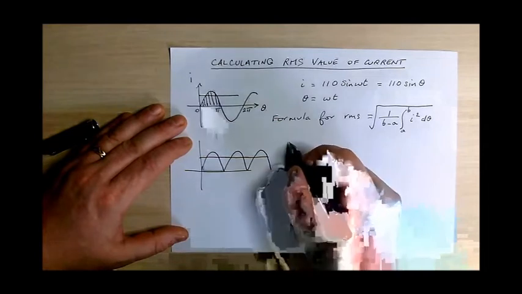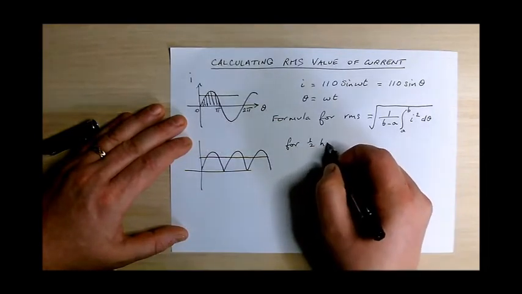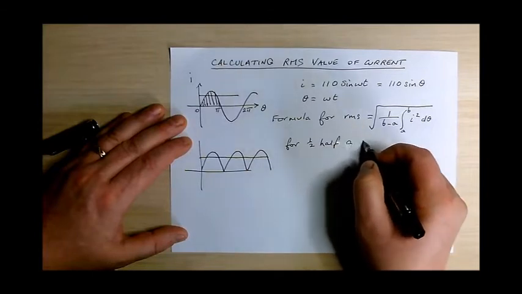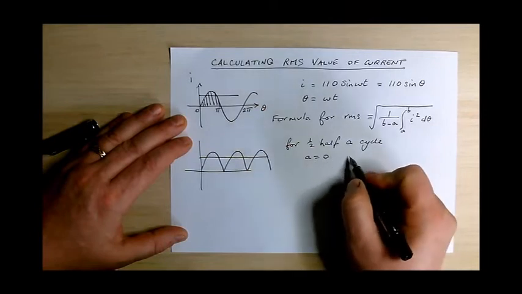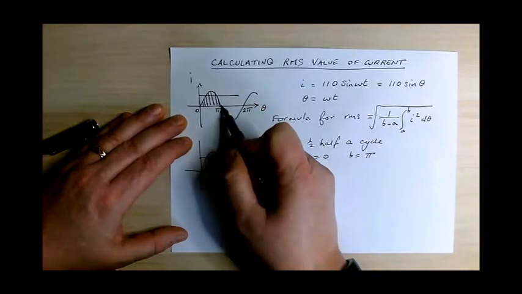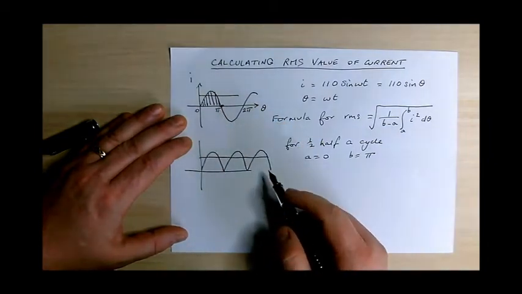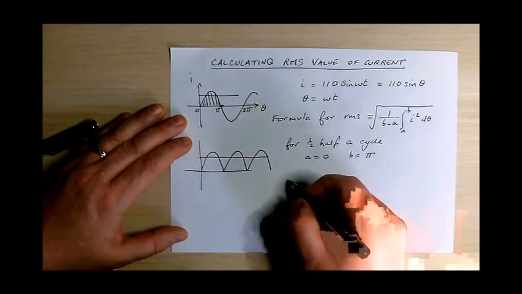So for half a cycle, a equals 0 and b equals pi, because we're going up to this point here. So we insert those values in.